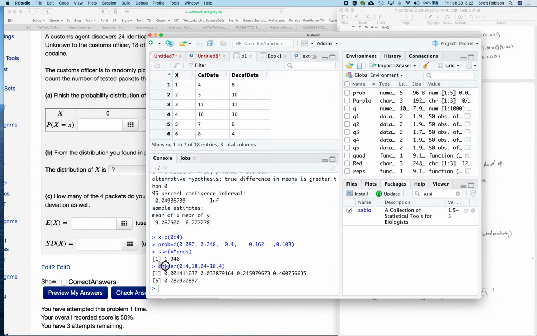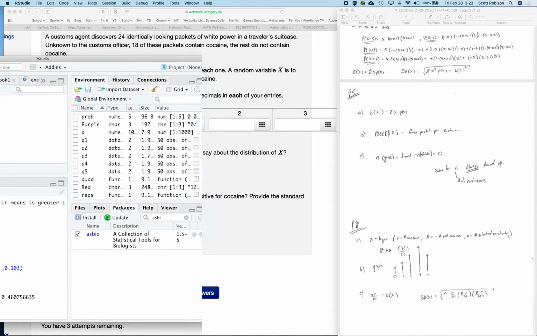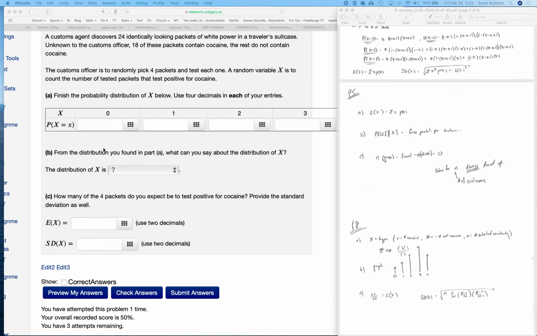So here I could say dhyper, where I'm trying to find the options 0 through 4, so 0, 1, 2, 3, or 4, where the number of successes is 18, the number of failures is 24 minus 18, and the number that I am selecting out of the 24 is 4. Then I will be given the probability of 0 out of 4, 1 out of 4, 2 out of 4, 3 out of 4, or all 4 out of 4. So I'd have all of the probabilities that I'm looking for.